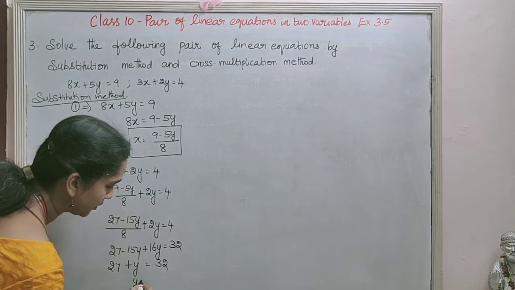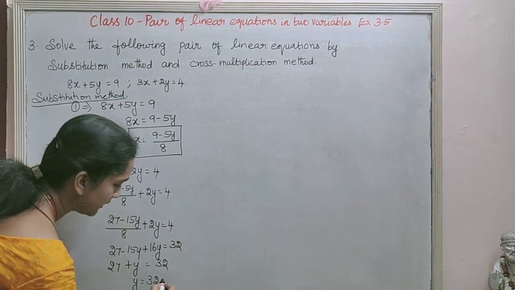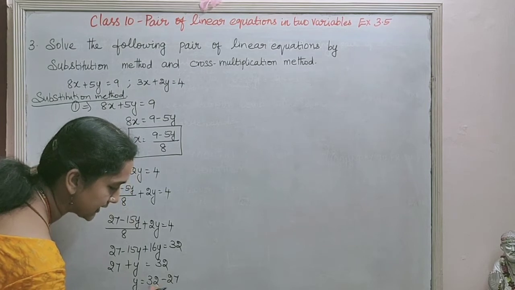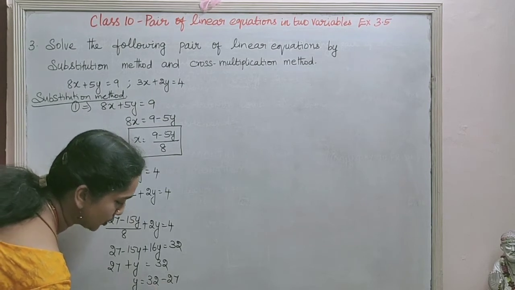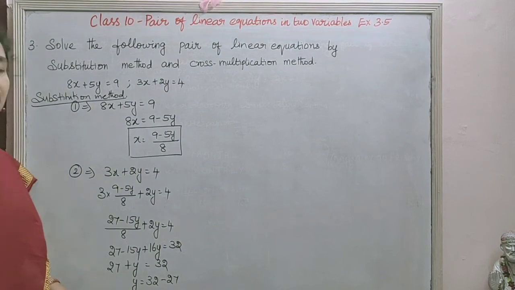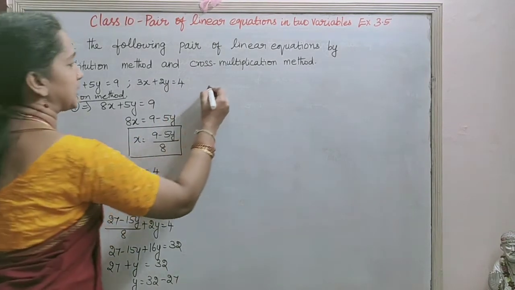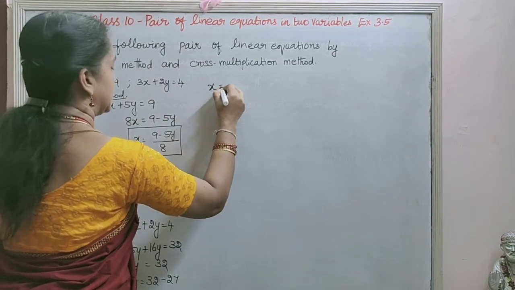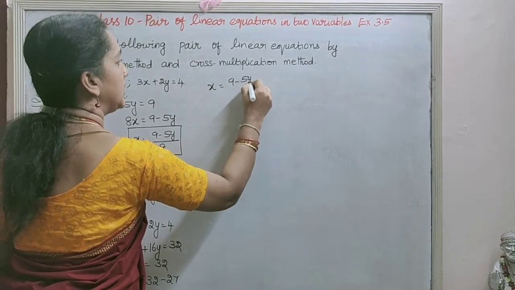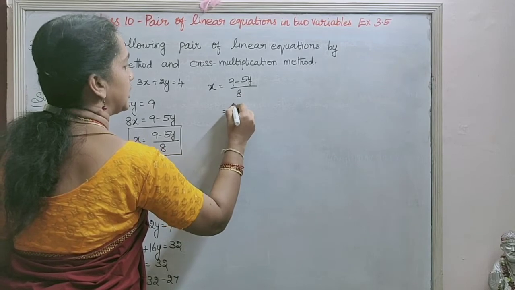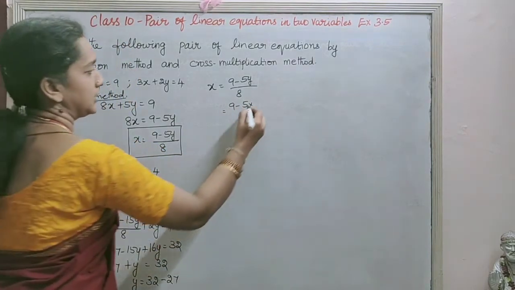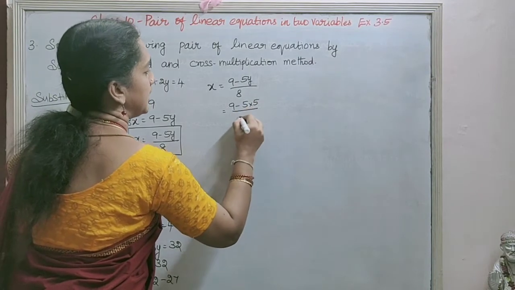So y is equal to 32 minus 27, so y is equal to 5. I got the y value as 5. Now I will substitute this y value in x. So x is equal to (9 minus 5y) by 8, which is 9 minus 5 into 5, by 8.